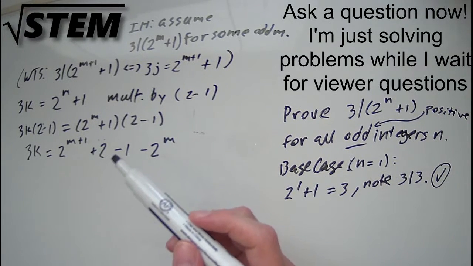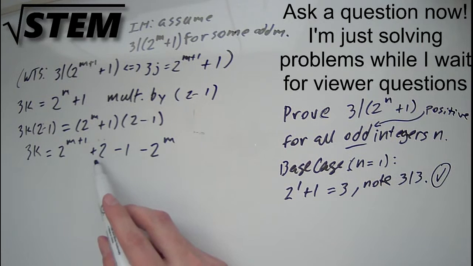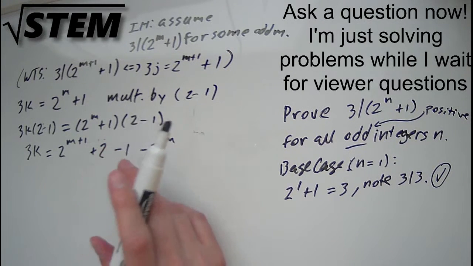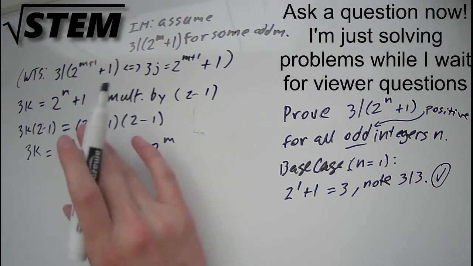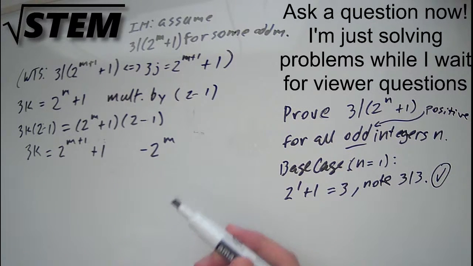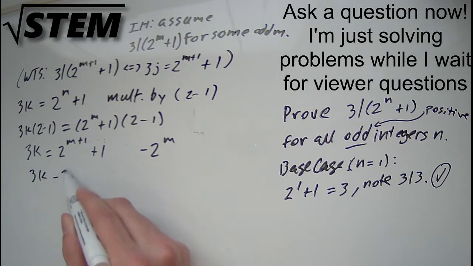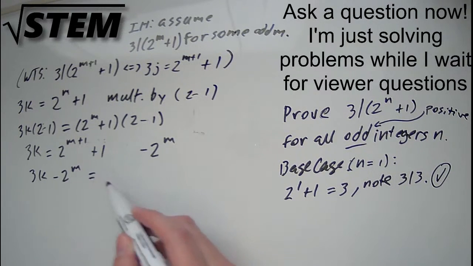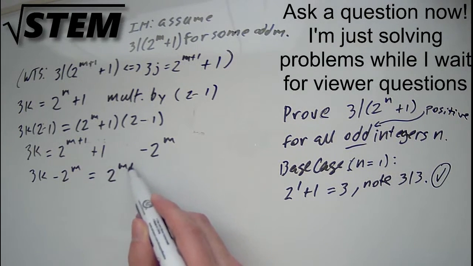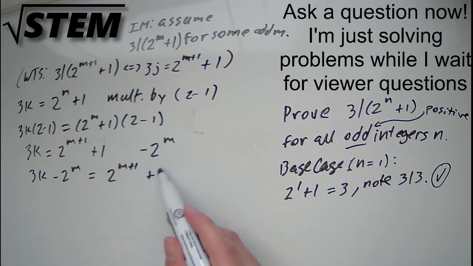Yeah, okay. So plus 2 and minus 1 combine to make plus 1. So we have the thing we want on the right hand side. Let's add this to the other side. 3k minus 2^m equals 2 to the m plus 1 plus 1.